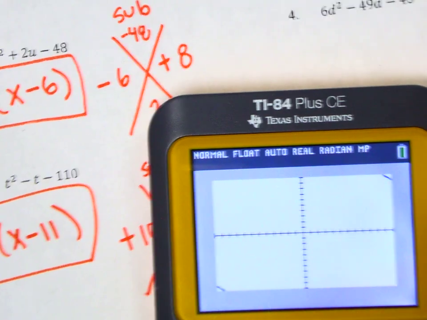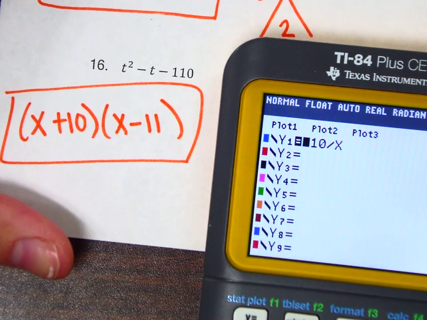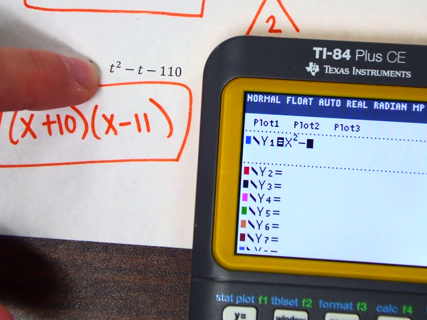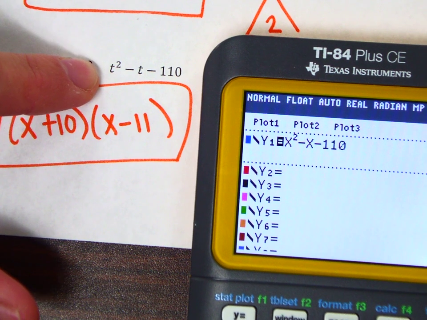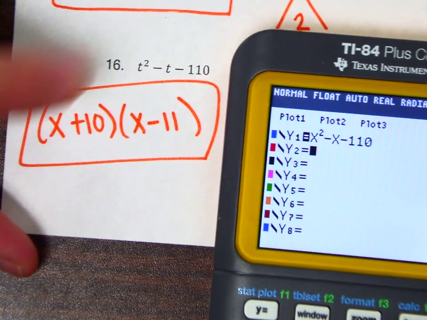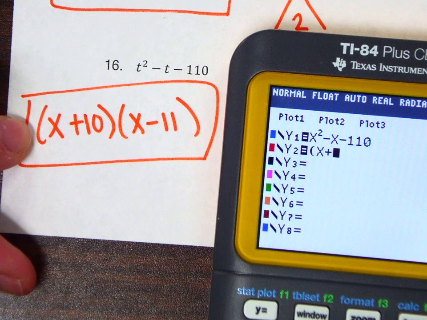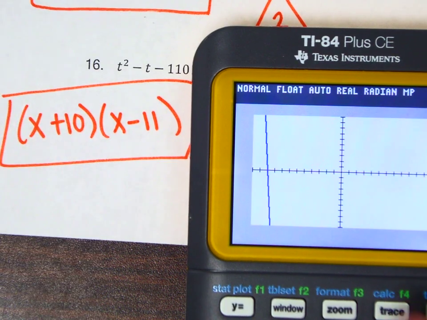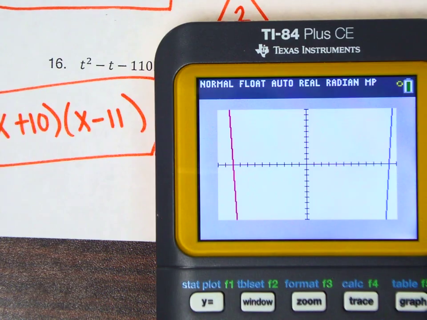All right, so to check with the calculator, a couple things that I would recommend you do is first type in your original guy, x squared minus x minus 110. Type in your factored form, x plus 10 and x minus 11. It should be the exact same graph. There's my first graph.